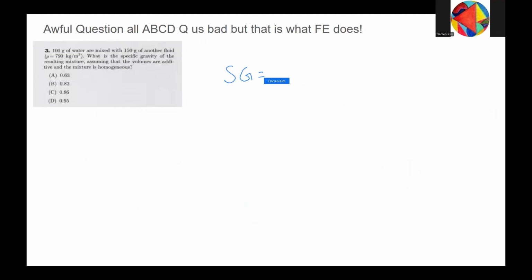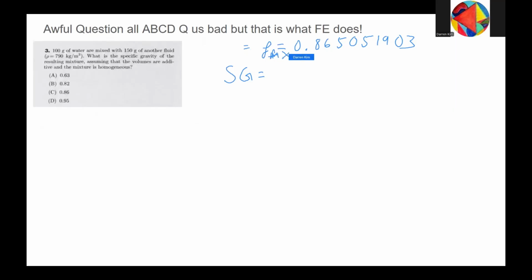So SG is needed, and we already know the mixture's density, which was, if I look at the calculator again, equal to 0.865051903. So this was the mixture of the fluid, which is just a mix.